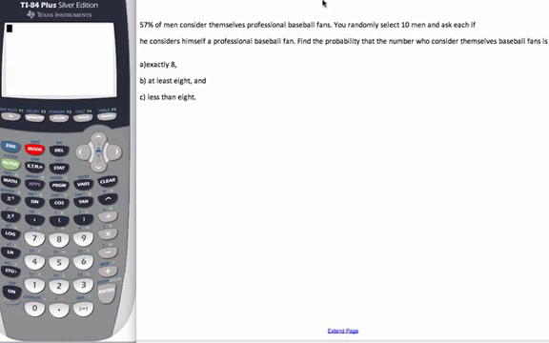Okay, so for this problem, and just binomial theorem probabilities in general, there's a formula I'm going to guess you have that looks something like this.